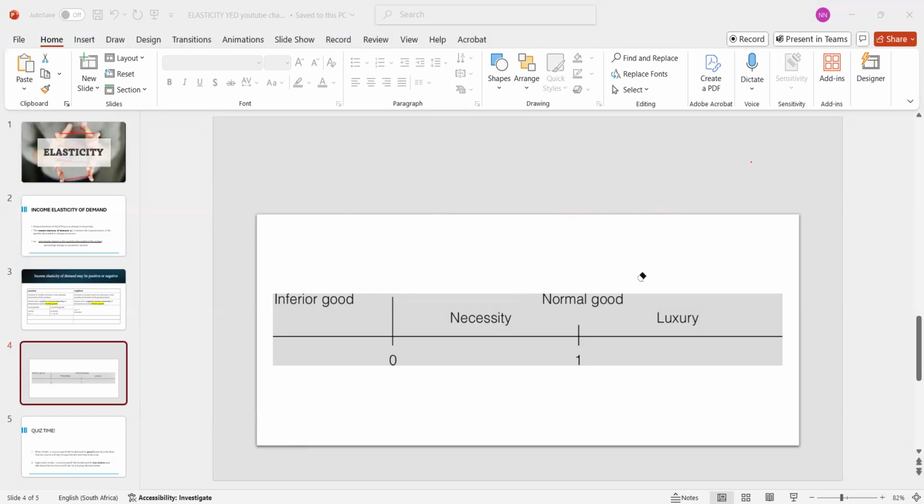Then the answer will tell you if it is less than 1, it's a normal necessity. If it is greater than 1, it's a normal luxury. If it is a normal luxury, it has an elastic demand. If it is a necessity, it has an inelastic demand. If it is an inferior good, it has an inelastic demand as well, because inelastic is less than 1, which means it's the whole of this side.